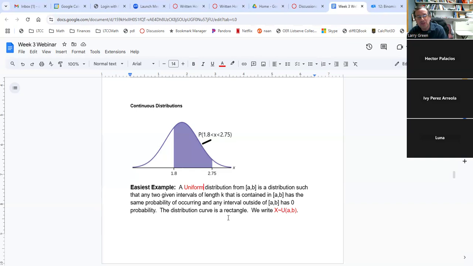We'll see how to use that in a bit. The distribution curve of a uniform distribution is a rectangle. Very important. Who remembers the area of a rectangle? What's the formula for the area of a rectangle? See if you can put it in the chat box. It's very important for this chapter.